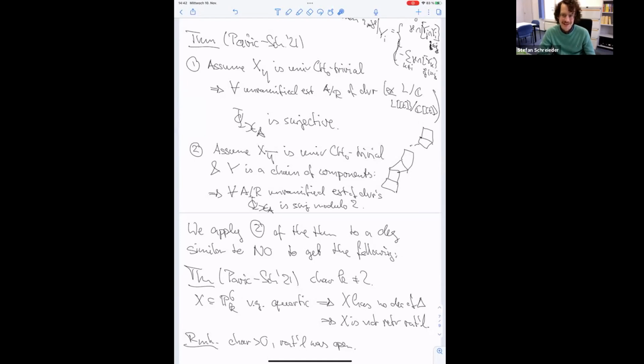I don't know. My feeling would be that this motivic obstruction could in fact be sensitive to stable rationality. It could be the right tool to detect something that is stably rational but not retract rational. But what I don't know how to do is how to construct an interesting variety that is retract rational.